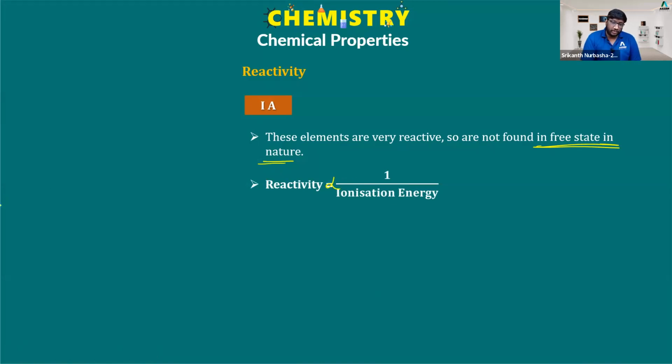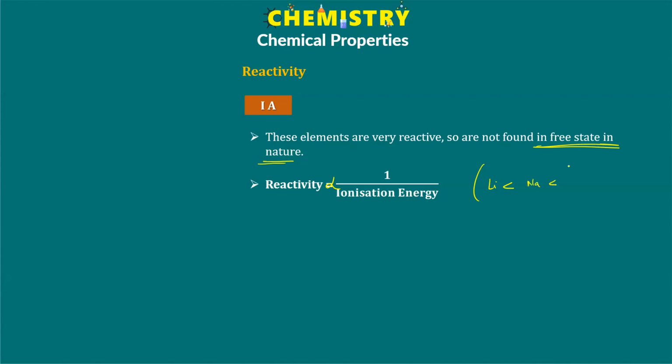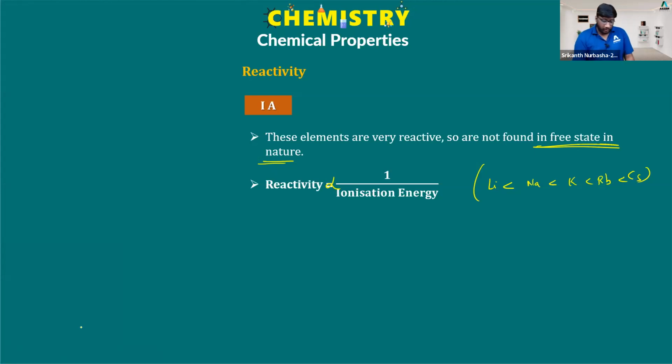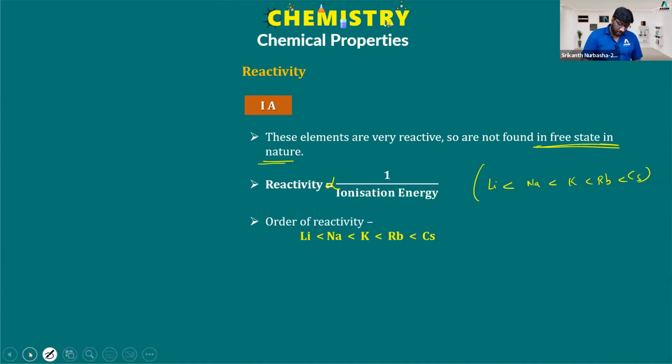Order of reactivity, you try to compare within 1A elements: Li, Na, K, Rb, Cs. Cesium will be most reactive because it can undergo the loss of electron very easily. So the order of reactivity is lithium least, then sodium, potassium, rubidium, cesium.